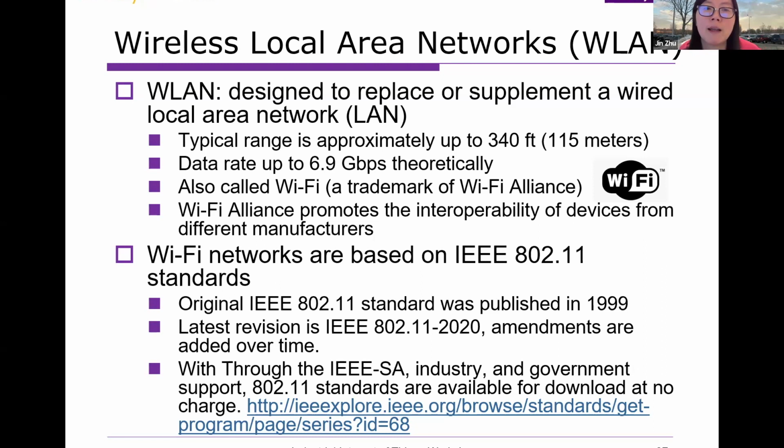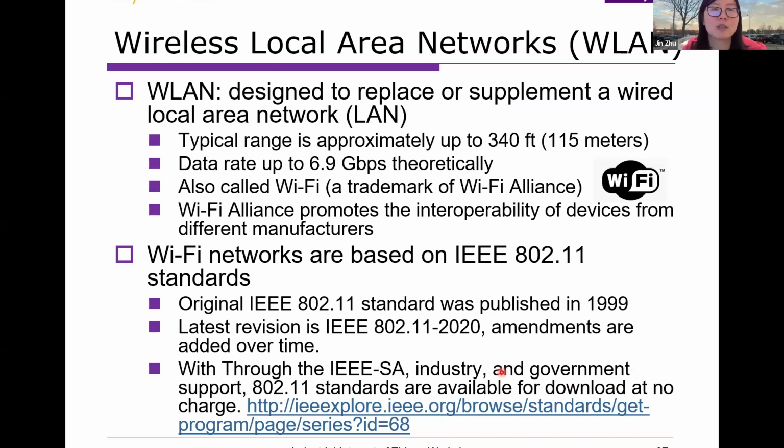The original IEEE 802.11 standard was published in 1999, and over the years they keep adding amendments to improve its performance, the data rate, and to work on different frequencies. The latest big revision was in 2021, but from that time until now they have also added more amendments.